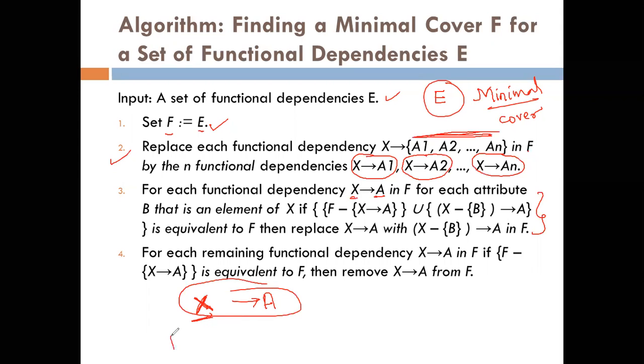If X is composed of three attributes, let us call them B, C, D.